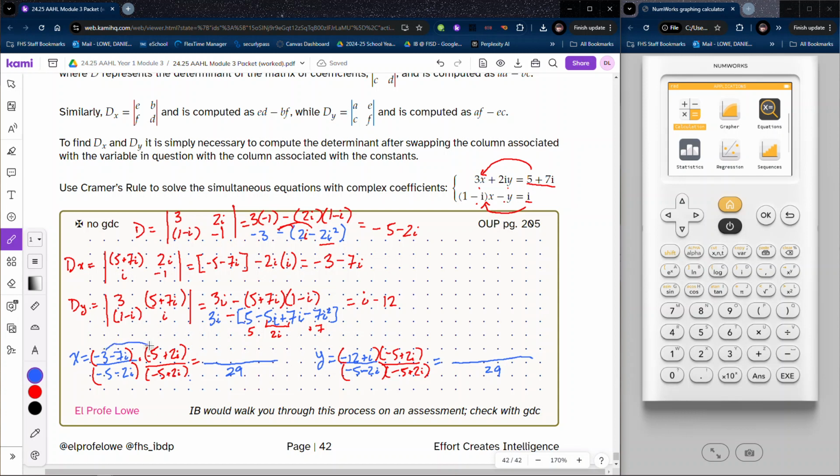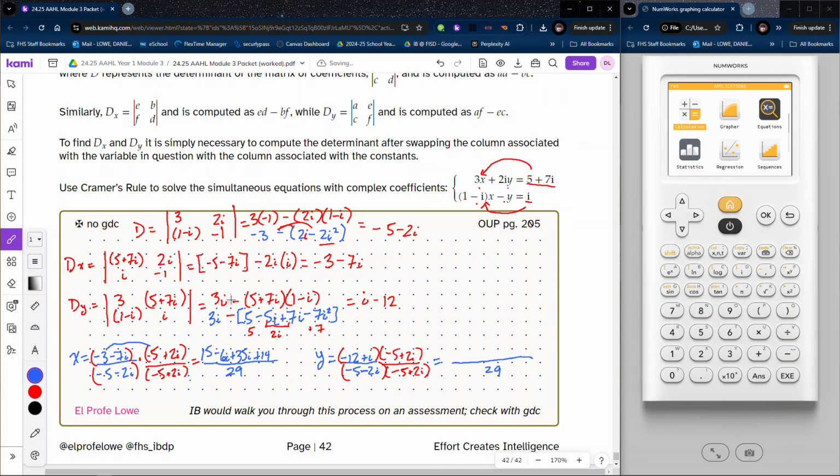If I distribute on the x numerator, that's going to be positive 15 minus 6i. Then I have, let's see here, plus 35i. And I have minus 14i squared, so that's going to be plus 14.